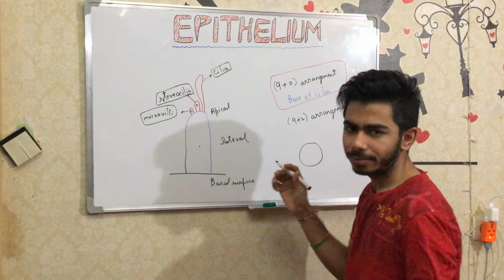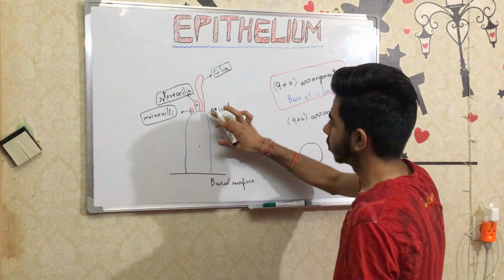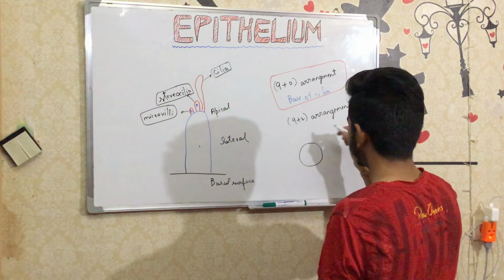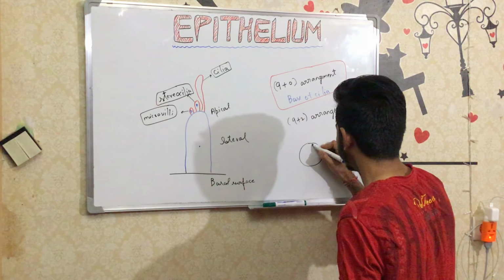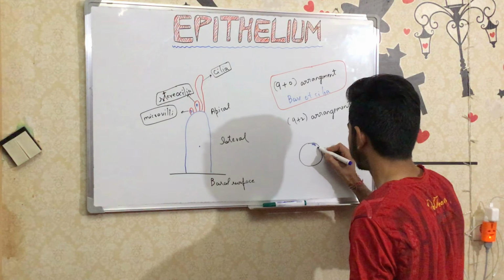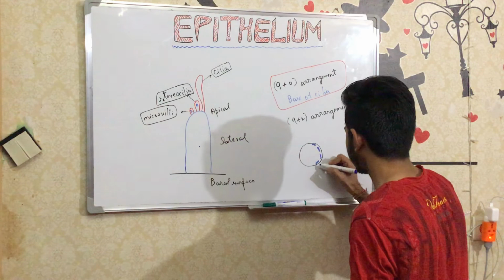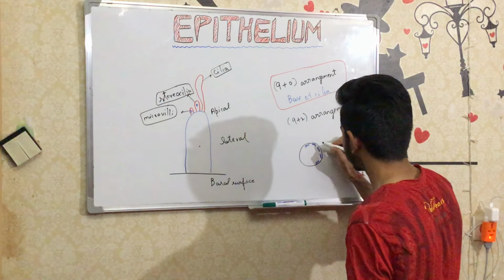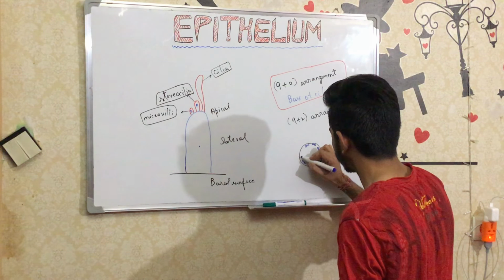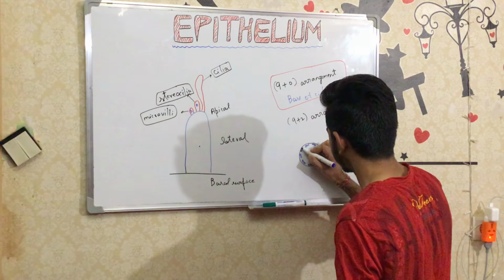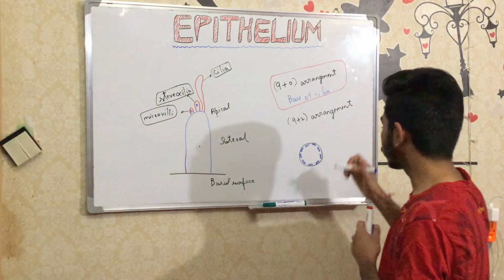This is the portion of the cilia. I am magnifying it, and this arrangement at the base of the cilia is the 9 plus 0 arrangement. There are microtubules over there, and they are making triplets.